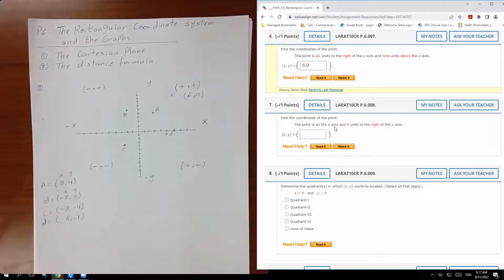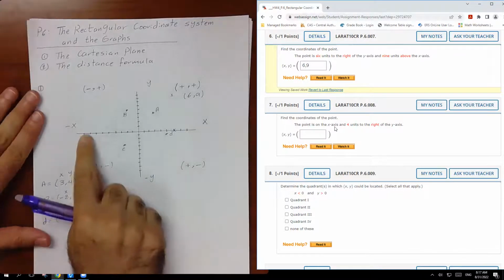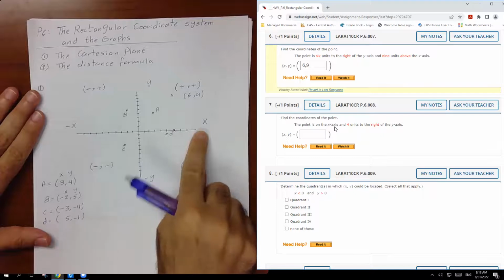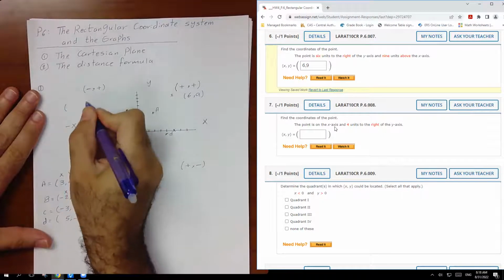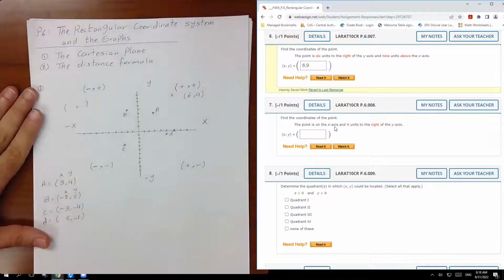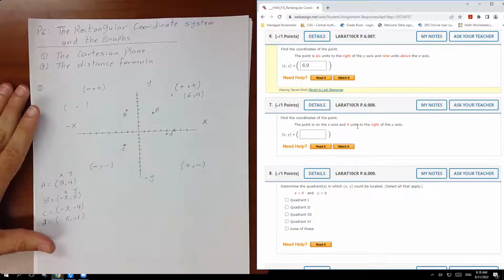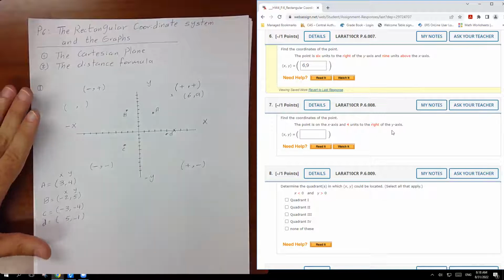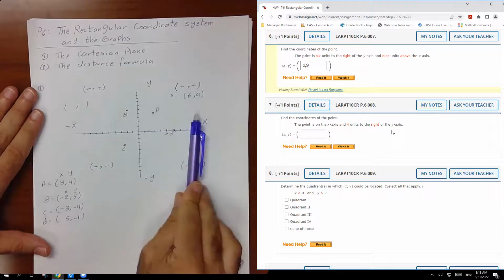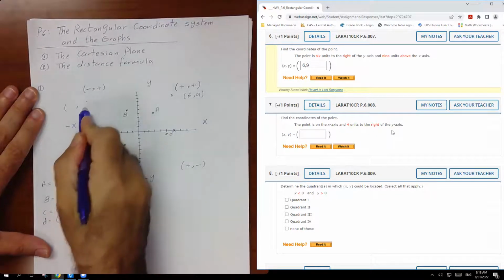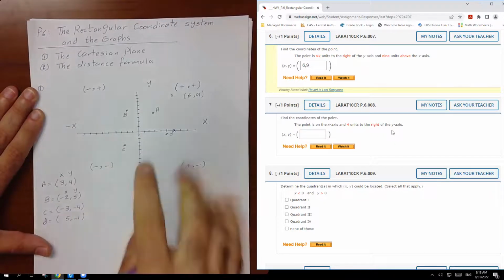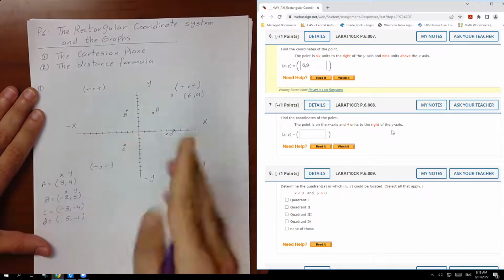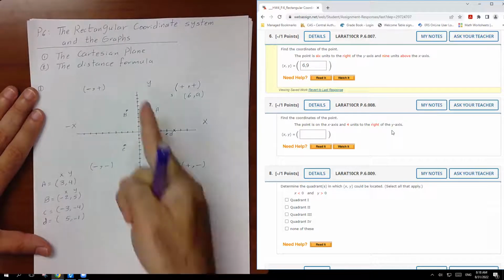So that means any point that exists on the x-axis, let's write down here, and 4 units to the right of the y-axis. That means the point exists on the x-axis, 4 units to the right of the y-axis.